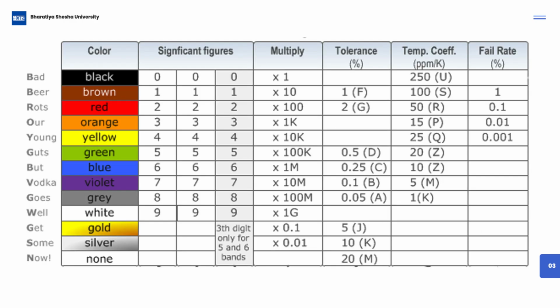Resistors actually have bands on them. You don't have to memorize the table, but you should know how to read the bands on resistors. This information is openly available on the internet, so understanding is important, not learning it by heart. If you want to know the value of resistance, there are colors on the resistor.